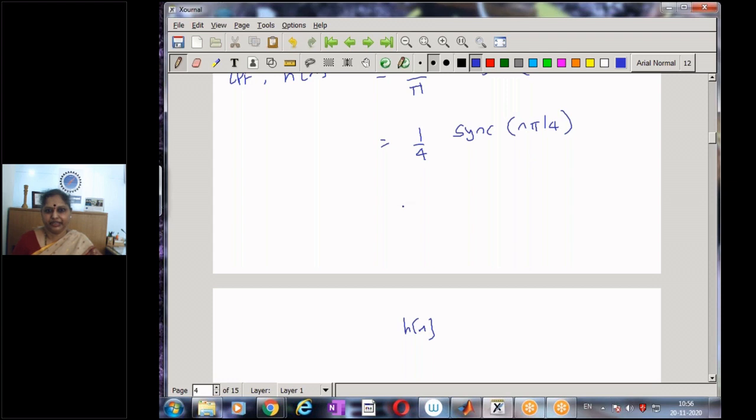We know that for n equal to 0, the sinc function is 1, and hence h of 0 in this case becomes 1 by 4, or 0.25.